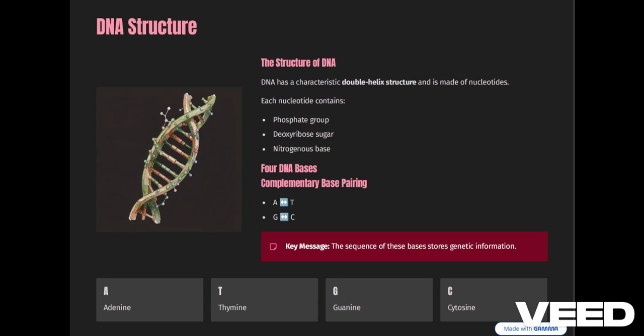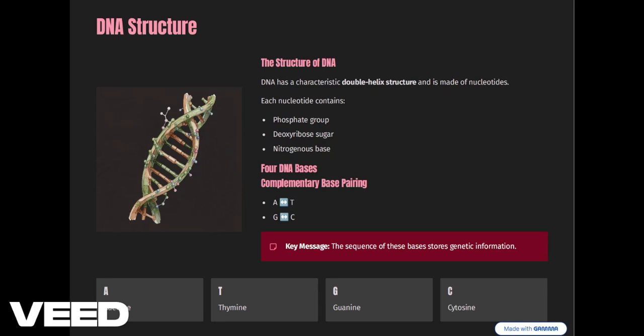The basic unit of DNA is called a nucleotide. Each nucleotide contains three components: a phosphate group, a deoxyribose sugar, and a nitrogenous base. There are four main bases in DNA: adenine, thymine, guanine, and cytosine. These bases follow complementary base pairing.